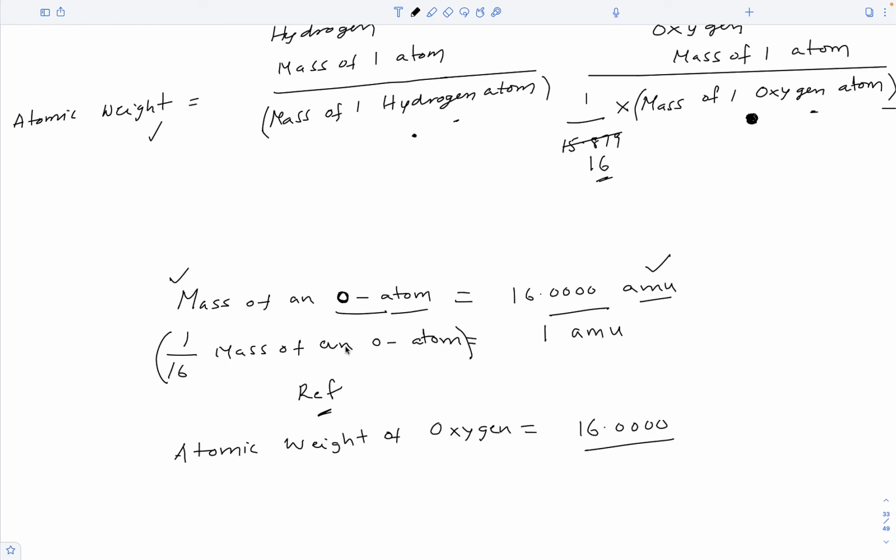Earlier we thought all oxygen atoms are identical, but now we understand that there are 3 different types of oxygen atoms in nature with different masses. So when we say we took the mass of an oxygen atom as 16 AMU, mass of which oxygen atom? Let us see.